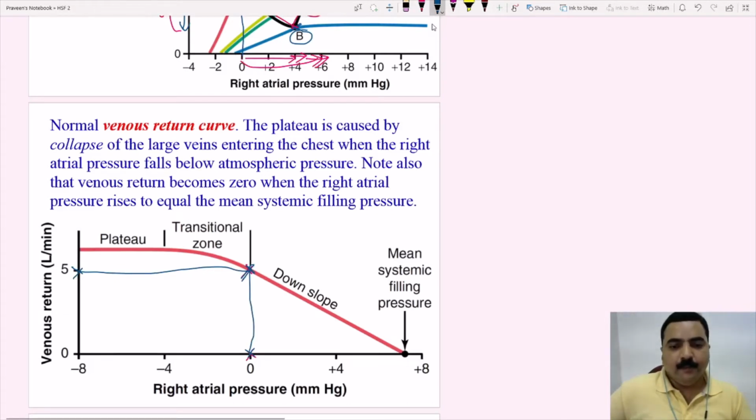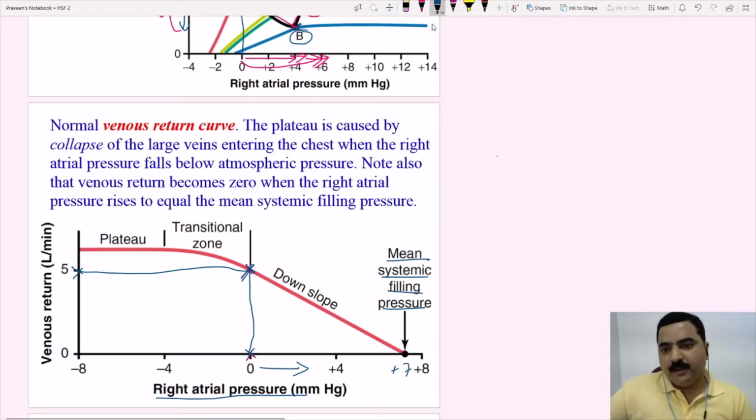Now what happens if the right atrial pressure is increasing? In order to understand that, we have to know the meaning of the mean systemic filling pressure, which is +7, the mean systemic filling pressure or the peripheral venous pressure.